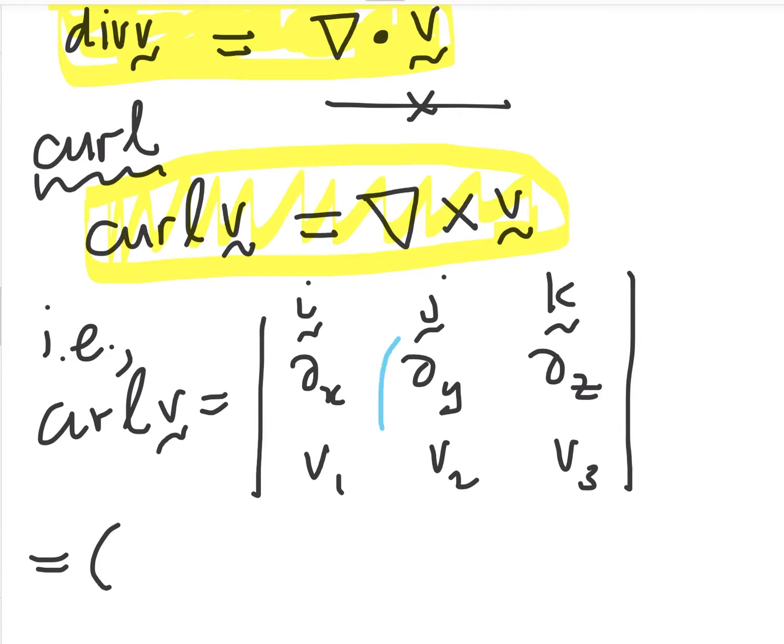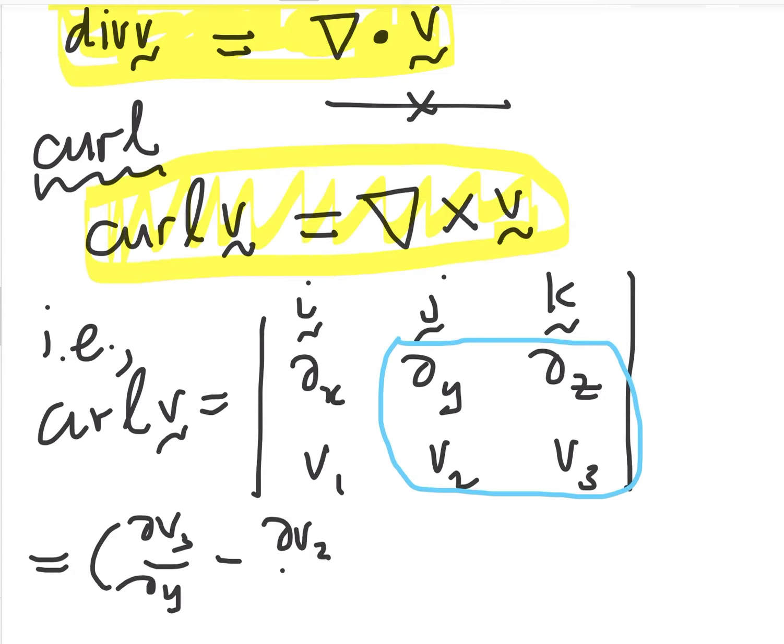So the first component is the determinant of this 2 by 2 matrix, which is the partial derivative of V3 with respect to y minus the partial derivative of V2 with respect to z, comma, and then we take the determinant of the following 2 by 2 matrix multiplied by a minus sign.